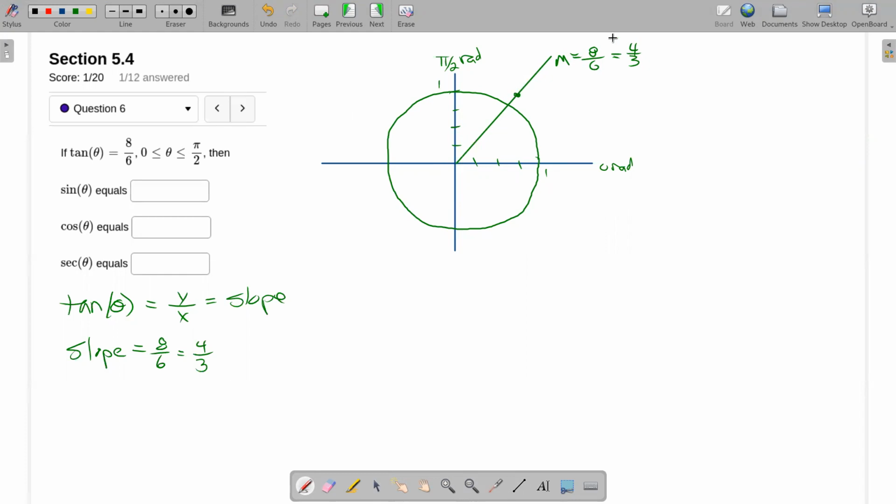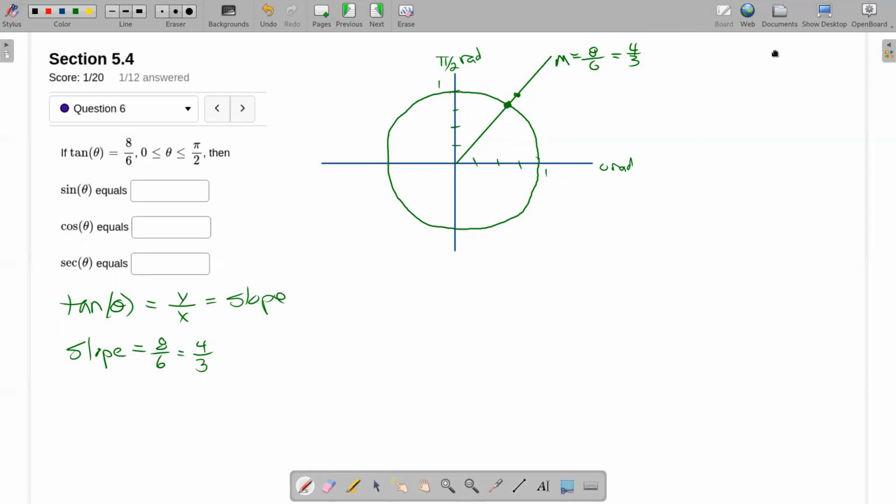And I rewrote that slope by saying I went up 4, right 3. That works fine. So I have this triangle right here based on that point up there. This is the point I'm really concerned about.